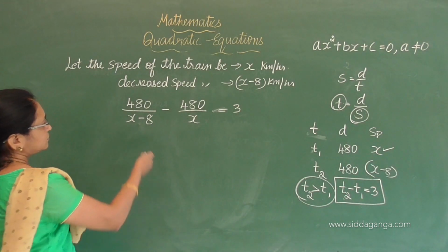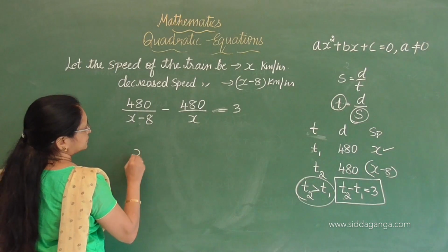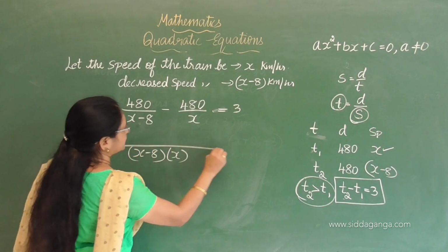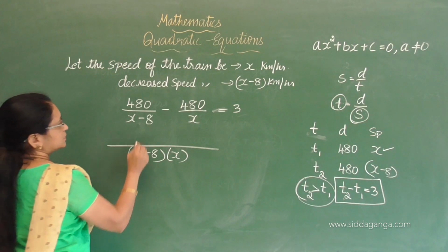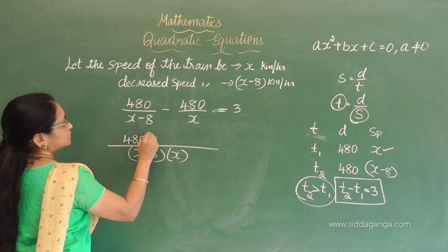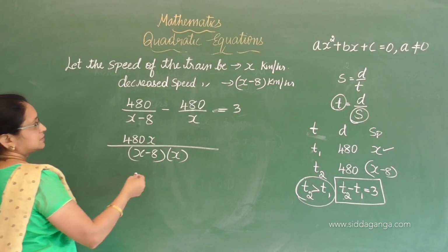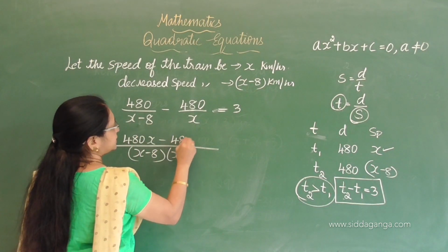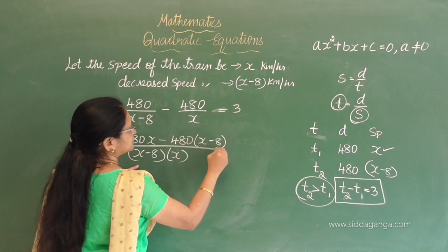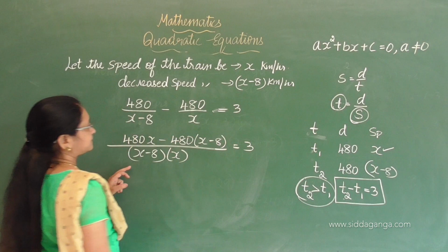Okay. Now, as usual, to solve, let us take LCM. So x minus 8 is there, so you multiply by x. Then minus 480, x is there, so you multiply this by x minus 8, is equal to 3.